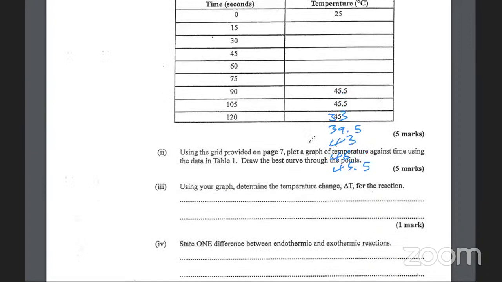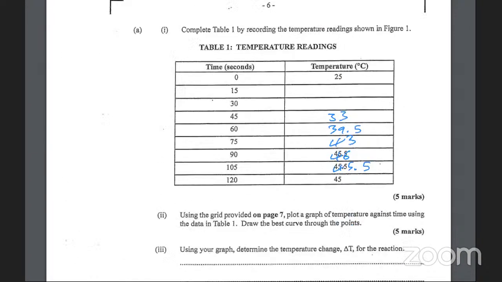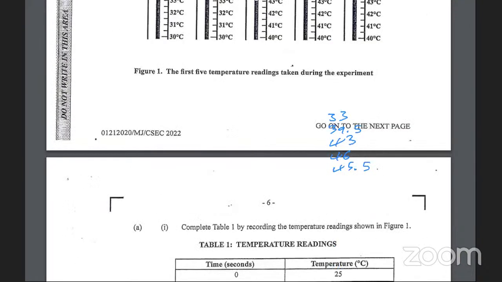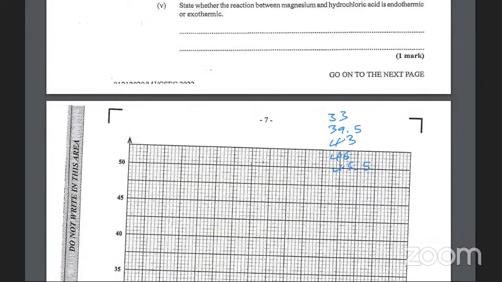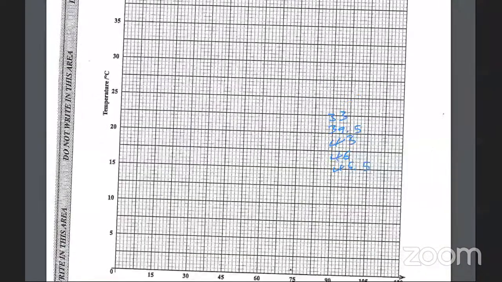And they're asking us to plot a graph. We already have the grid for the graph, so we will just plot the figures. For the first reading, it was 0 for the time and 25 for the temperature.